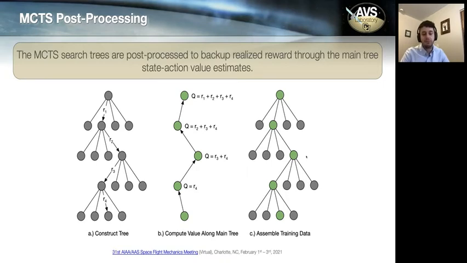After each completed planning horizon, we take the search tree and back up the reward found throughout the search tree along the main trajectory to get a better measure of the state action value function along the main node. We keep the other 3 nodes at each level of the search tree at the intermediate state action value function.